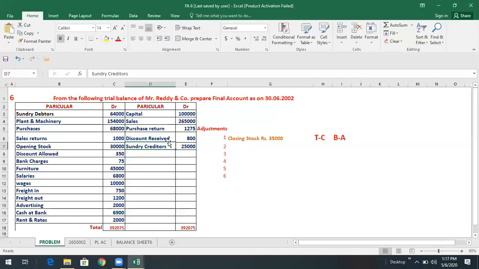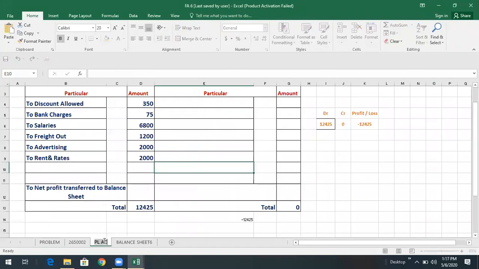So next, discount received. Where do we get the discount received? That you know very well, the discount received we get in a profit and loss account. Discount allowed is profit and loss account debit side, discount received is profit and loss account credit side.